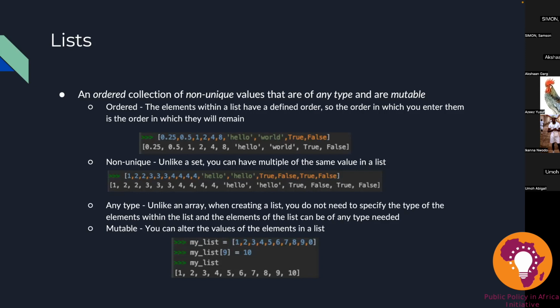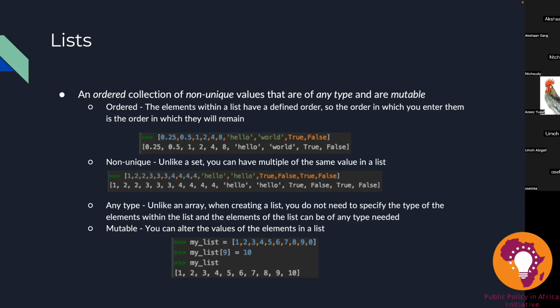What kind of a collection is an array? Anyone? What is the difference between an array and a list just by looking at this? Can anybody guess?